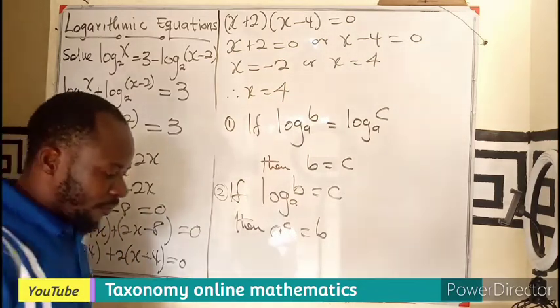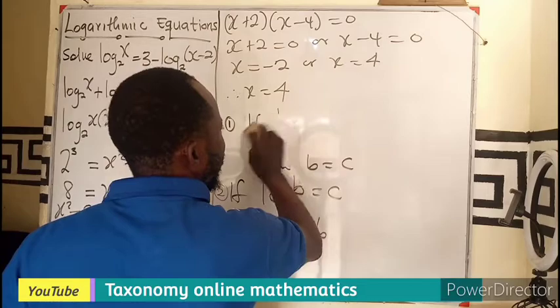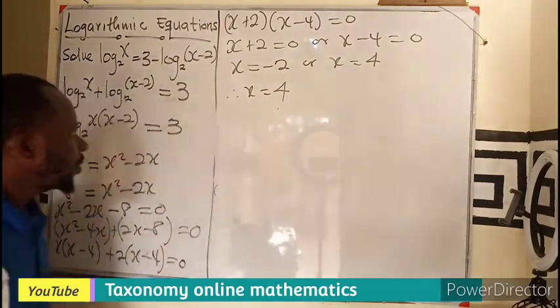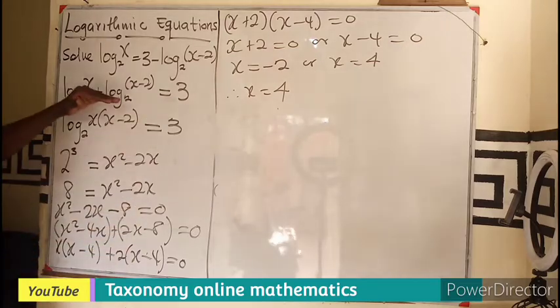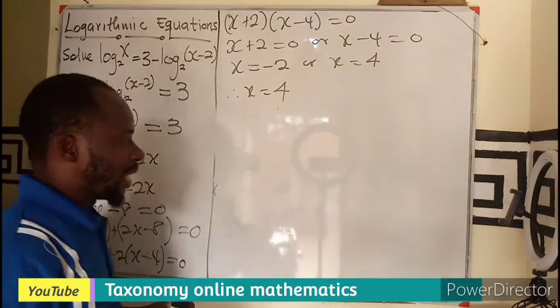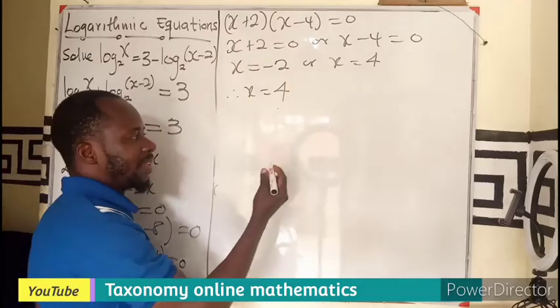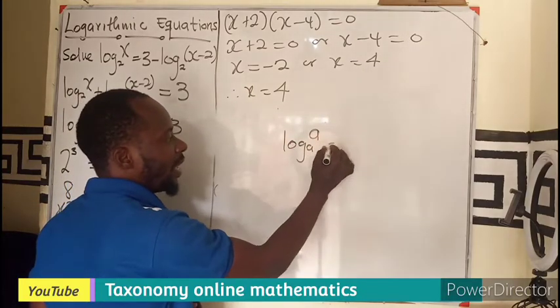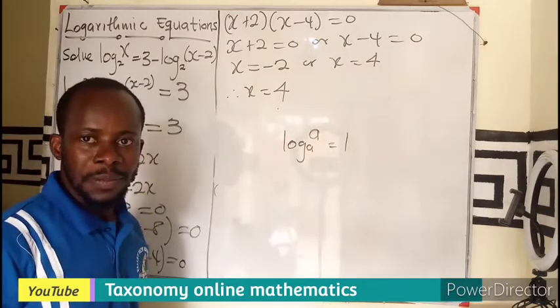Alright. For the second aspect, which I will say the second method, we are going to move all the way to this place. You can see that this, as I am seeing, can also be expressed as a logarithm. Don't forget the property of an identity says that if I have log of a to the base a, I have what? 1.